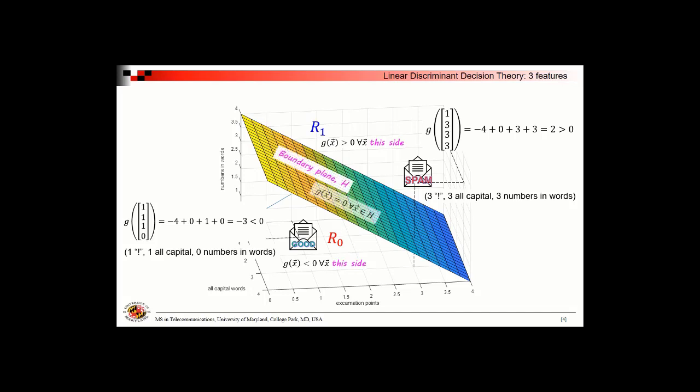Those are good emails. The 2 areas are separated from each other by the boundary plane. And the boundary plane has the characteristic that any email whose feature vector falls on this boundary plane, when you apply the discriminant function, that's going to be equal to 0.